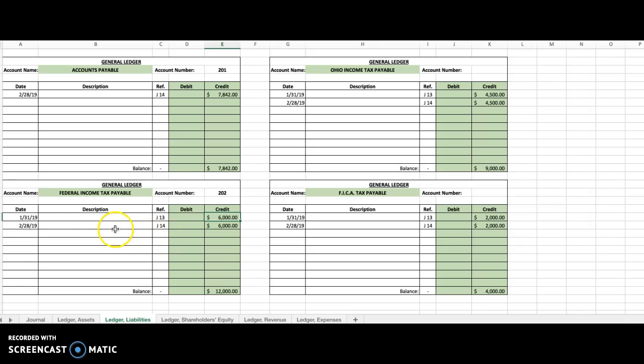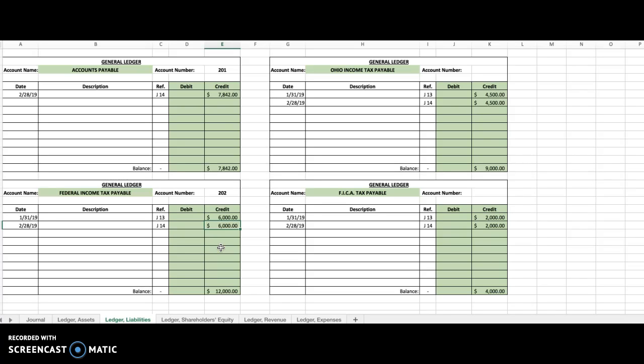It wasn't due yet. At the end of February, the same thing happened. Again, we had a payroll entry at the end of February of 2019. And this happened to be, for the sake of this problem, from journal page 14. And again, the same amount was credited. We withheld that much money from the employees. They earned it. We, by law, have to withhold it from their paychecks.